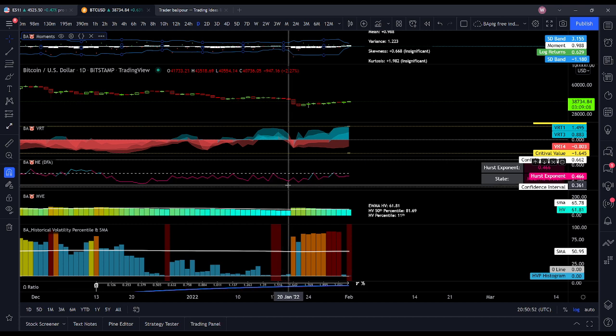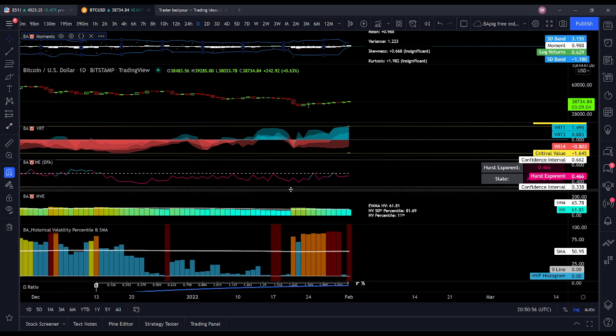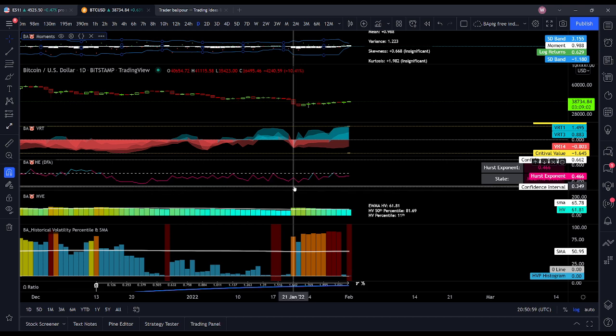So you can maybe make a bet that you're going to see a volatility expansion on the same side as the mean. That being a negative, you could bet on a negative return. That's not a bad strategy.